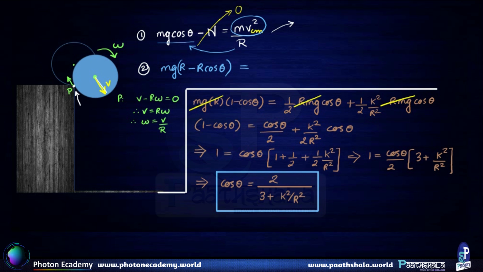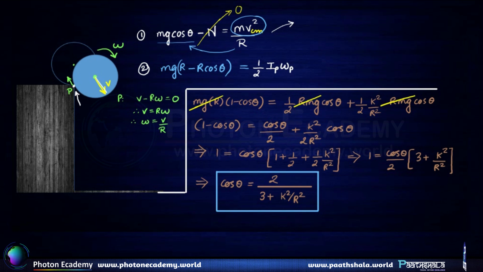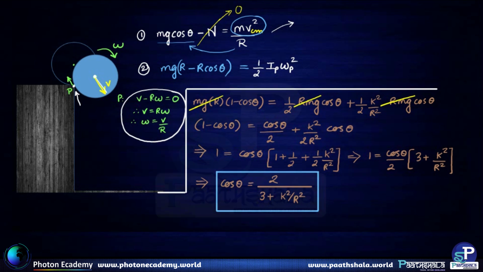Now, about the point P, we could write down the kinetic energy simply as half I about the point P and omega about the point P square. Now omega about the point P is the same as omega about center of mass by this very logic. This logic still persists because the point P is instantaneously stationary.